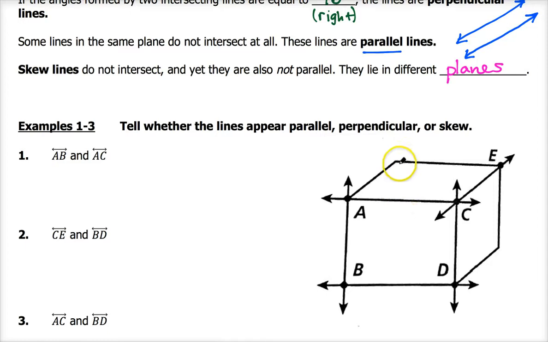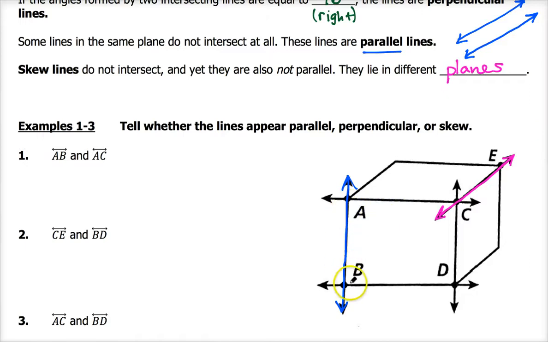So we have sort of a 3D image below. You can imagine this as being a box or something of the sort. And imagine that I have one edge of the box, let's say this upper right edge here, and imagine this is a line on one edge of the box, and this line lies along this top plane here. Then we have a second line on this edge of the box, and this line lies along a different plane.